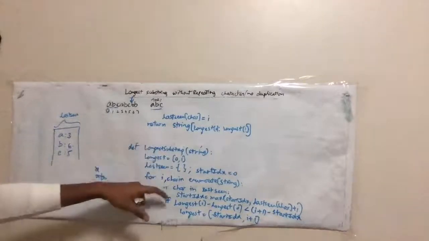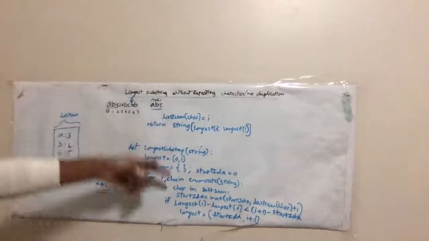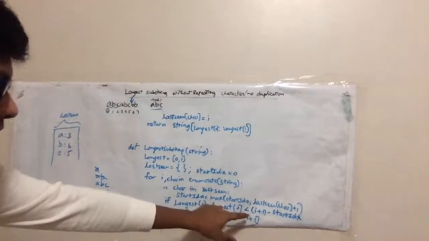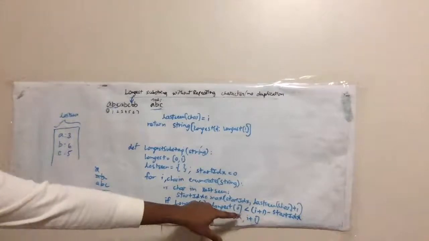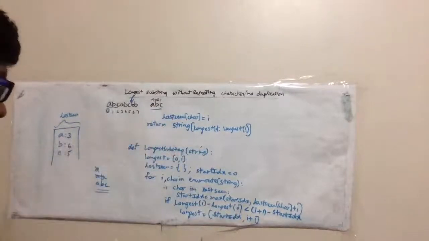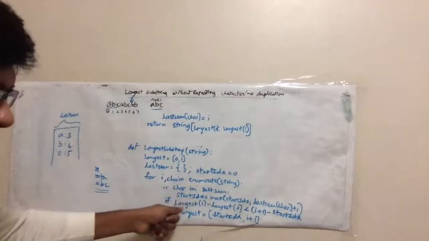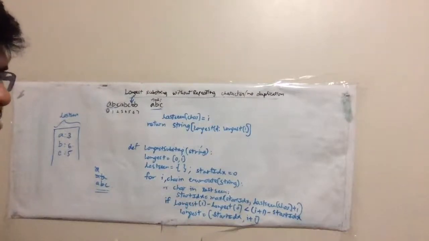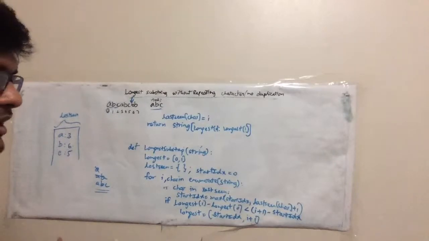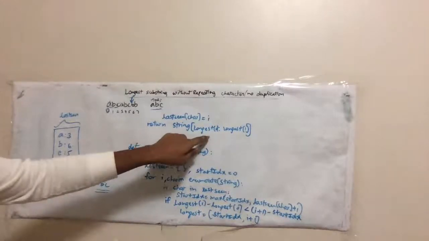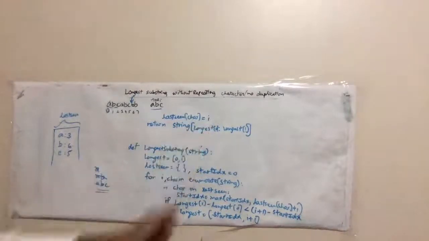This will give the maximum longest substring, because we are calculating the length and updating the indexes. And we are removing the already appeared characters by updating the start index. In the new substrings, we are not going to take any characters which we have seen already. So we are just returning the substring.